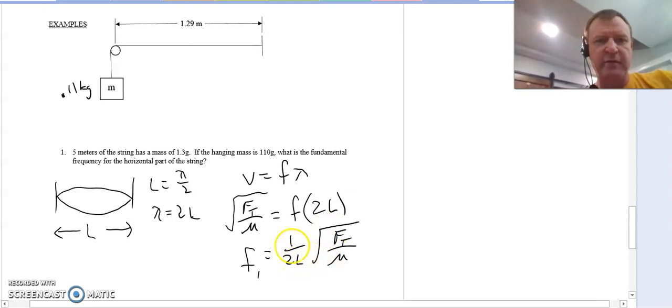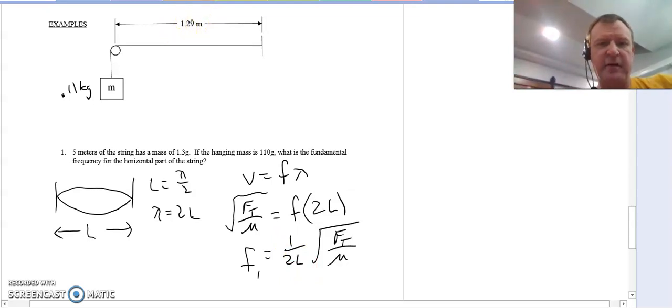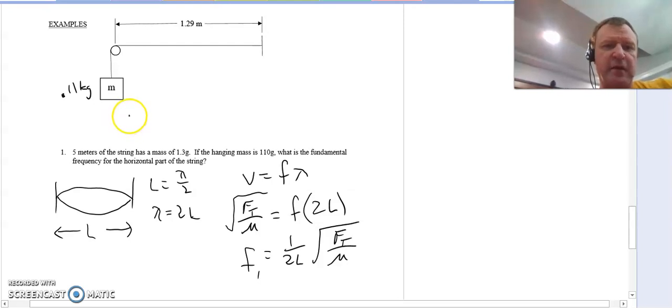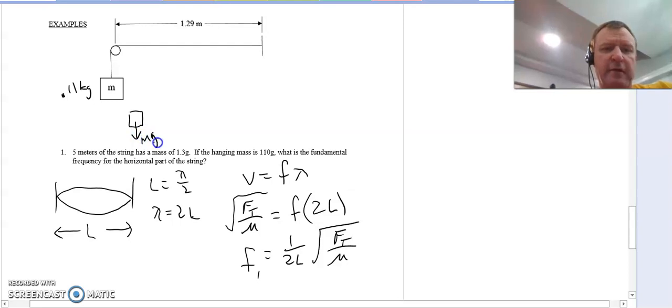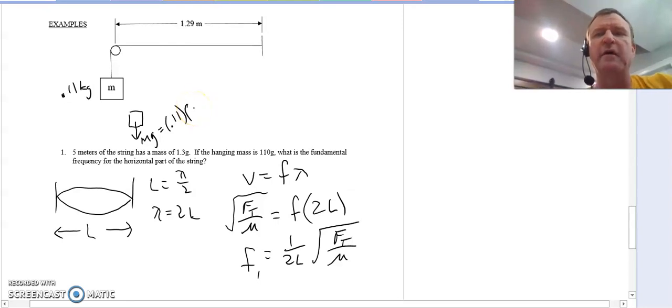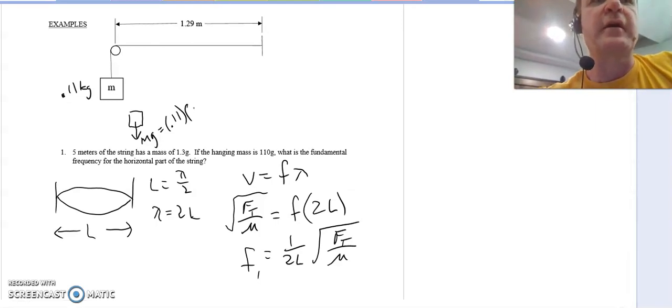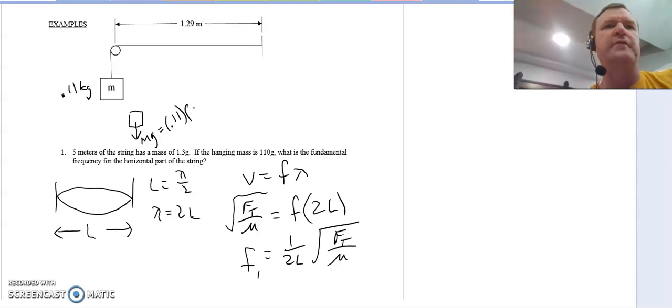Well, L is the length of the string. We're given that right here, 1.29, but we need to figure out tension and the linear mass density. So the tension we can get from a free body diagram here: mg, our mass in kilograms, 0.11, and then I'm going to use 9.8 just so it matches my notes that I posted, because like I said, we had this set up in class, so we had real numbers there.